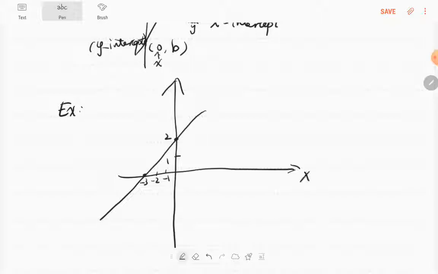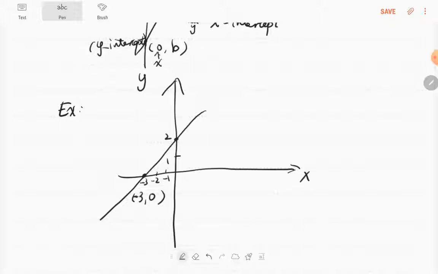First, we know the x-intercept is the point on the x-axis. So which one is the x-intercept here? Obviously, this point is the x-intercept. Then we only need to find the paired value for this point. We already know the y value has to be 0, because it's on the x-axis. Then we realize the x value here should be -3.